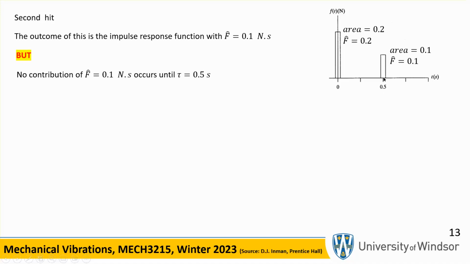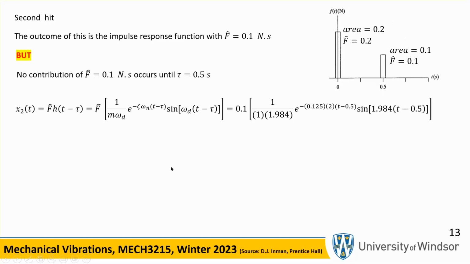There is no contribution from this second hit until half a second. So we want to know the contribution when we hit it the second time. The second time means that this is shifted by 0.5 seconds, so the impulse appears at tau equal to 0.5.